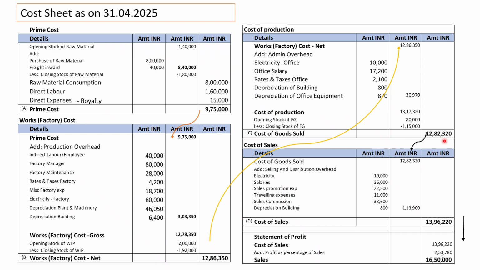To the cost of goods sold, if we add selling and distribution overheads, we will get the cost of sales. That is, sales office electricity, salary of sales staff, sales promotion, traveling, sales commission, depreciation of sales building, etc. If you add these, these are all selling and distribution expenses, you will get the cost of sales, which is here 13,96,220.